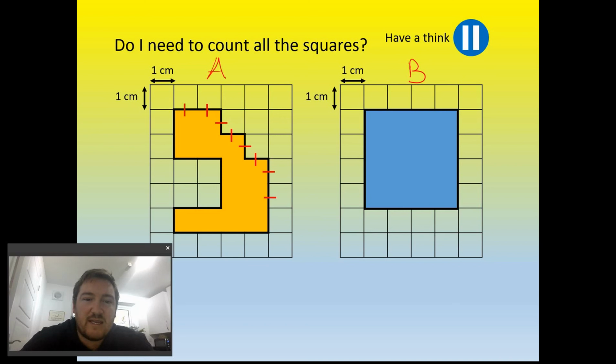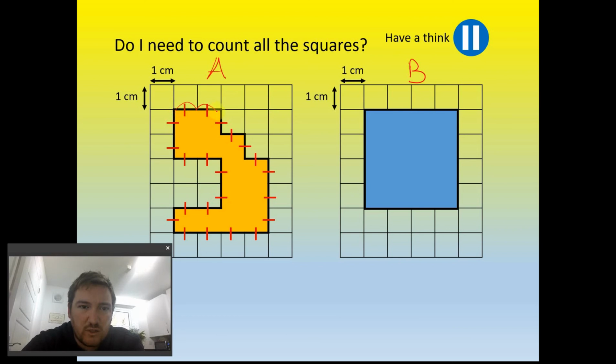So let's have a look at A so far. Because this shape is of a very peculiar orientation, we're going to need to make sure that we count each square.